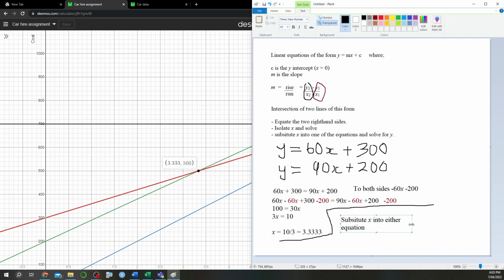Let's make that a bit larger. Try not to use the rounded value. So we have to do a little bit of fractions here. I'm sorry. So we're solving for y.